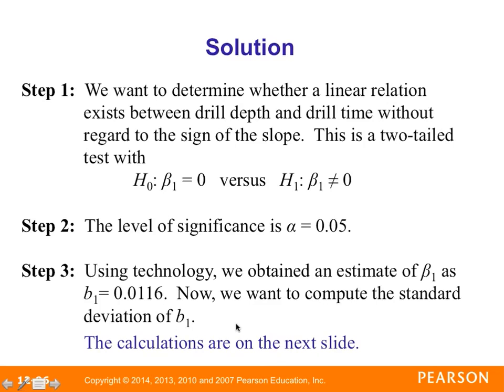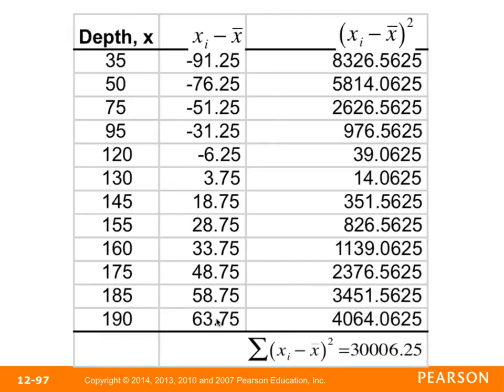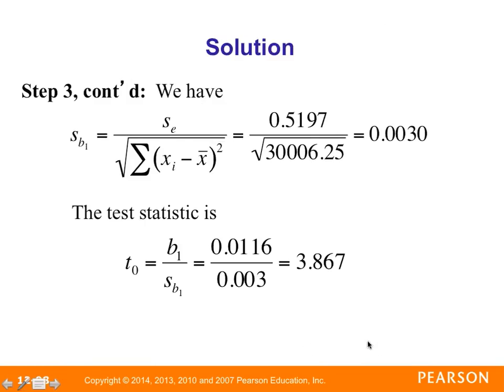So the calculations for that are on the next slide. In order to do that, we take our xi minus our x bar, we subtract it all the way down, we square that, and then we add everything up. We get 30,006.25.